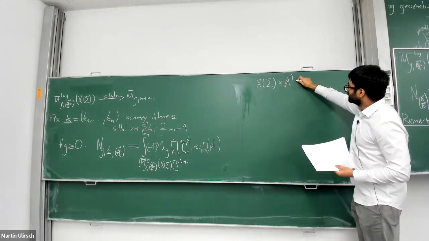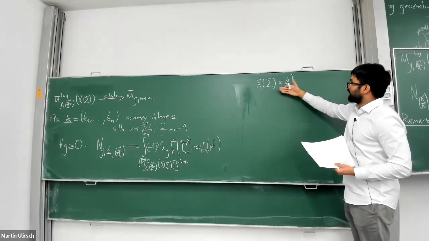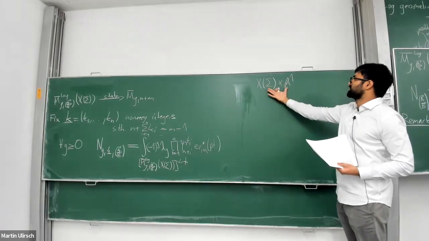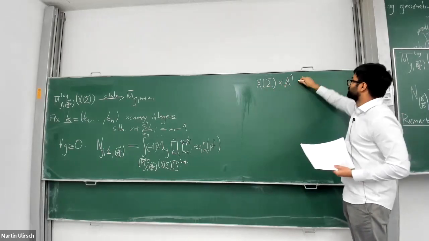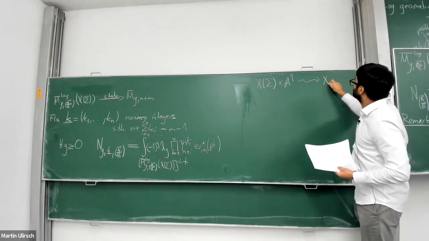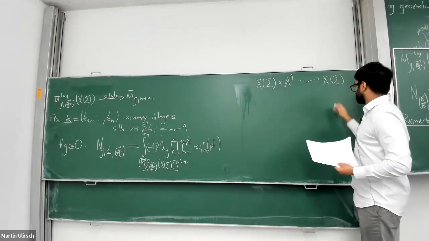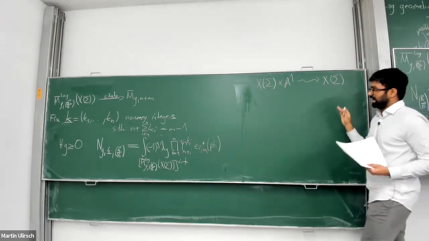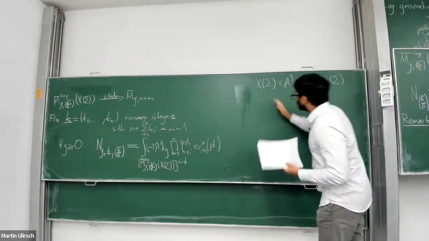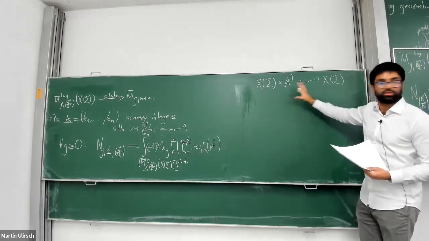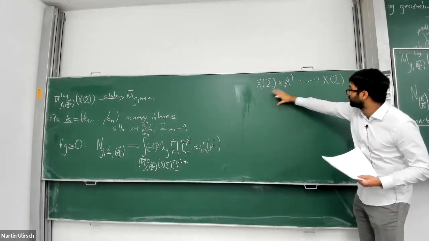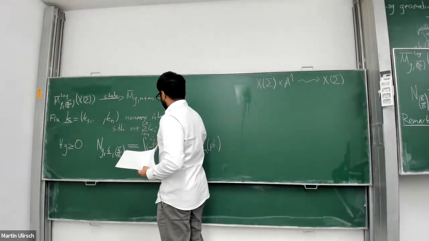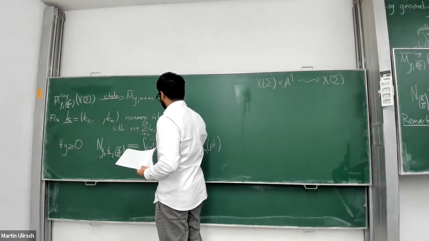So somehow, counting curves on this, integrating against the moduli space of stable logarithmic maps to this target, one should be able to relate them to the target X of sigma. And the correction factor that appears when you go from the theory of X of sigma cross A1 to X of sigma is exactly the G-th Chern class of the dual of the Hodge bundle.